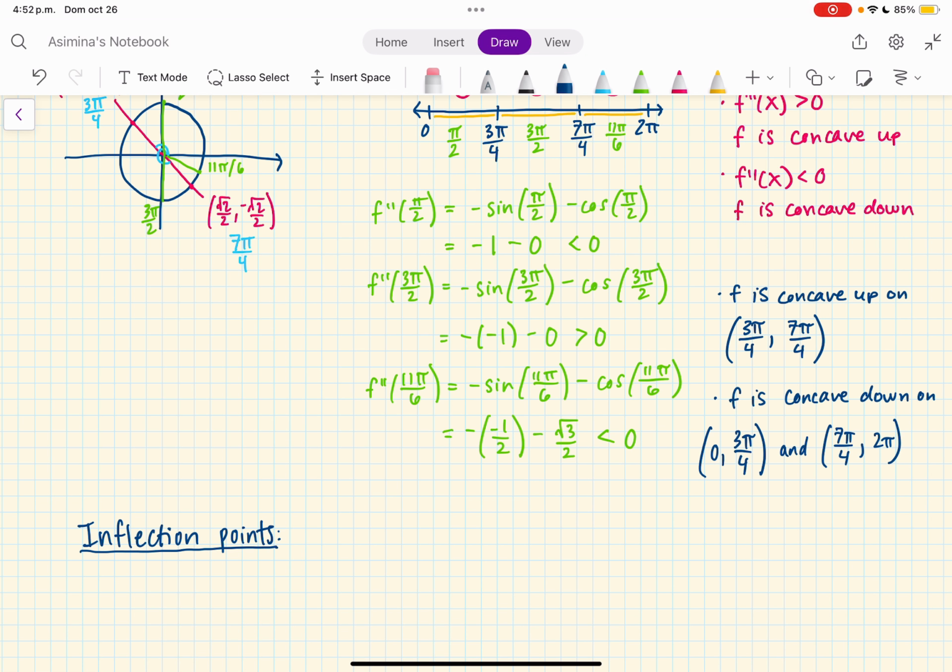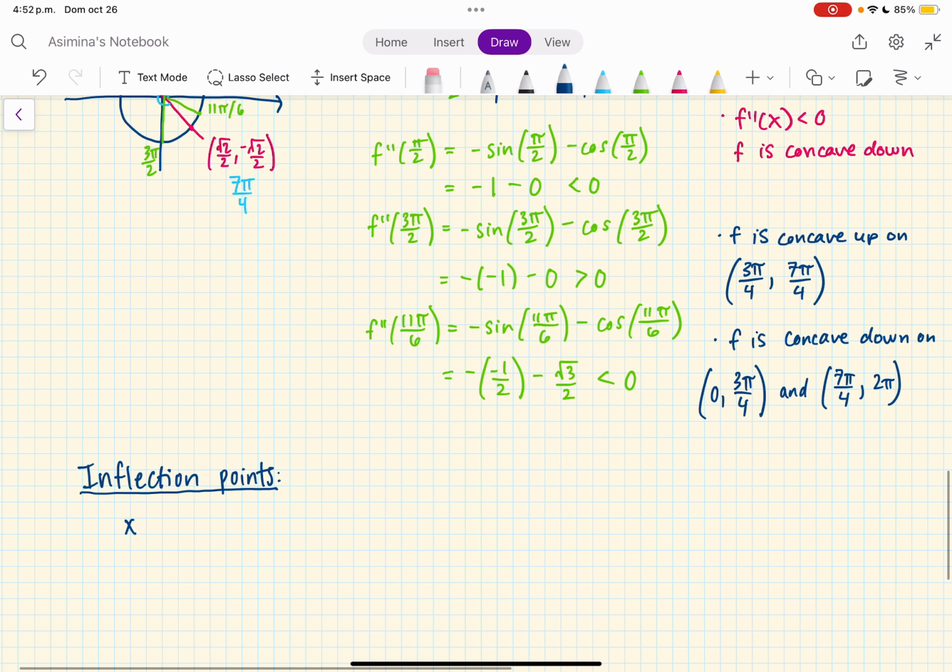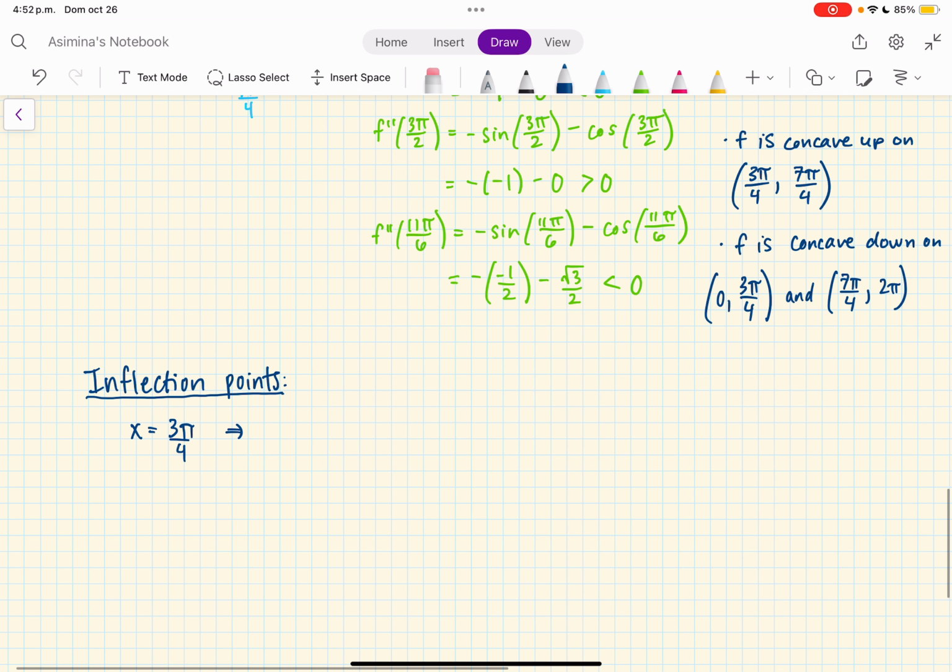we know there's going to be one at x equals 3 pi over 4. So we can plug that into f to see what that coordinate is actually going to be. So f of 3 pi over 4, remember the function f is sine of x plus cosine of x. So this is sine of 3 pi over 4 plus cosine of 3 pi over 4.